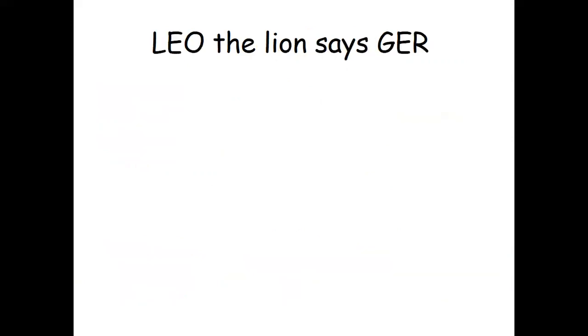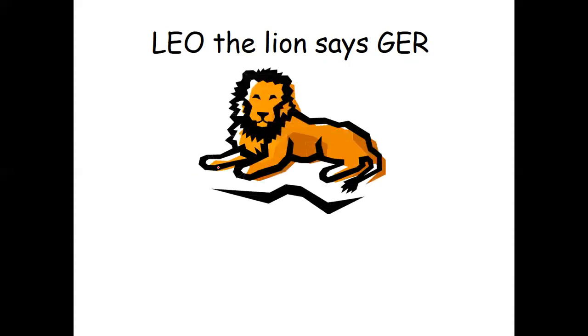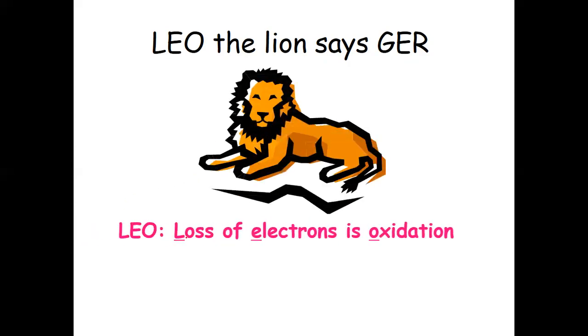And we have a handy dandy way of helping us remember, and that's Leo the lion says grr. Which is why I have a lion on my desk. His name is Leo, and Leo the lion says grr. And I'm sure Mrs. Mitiga also has a lion that says grr. Hello, Leo.